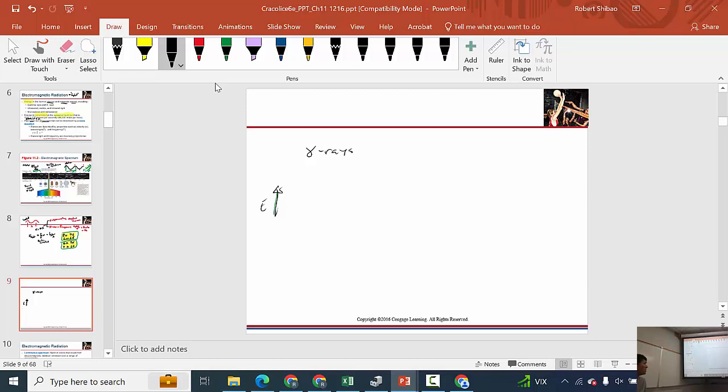And that's going to have the highest energy light, which is going to be the shortest wavelength, highest frequency. So high frequency, short lambda. So high nu, short lambda. High frequency, short wavelength. Which gives us high energy.